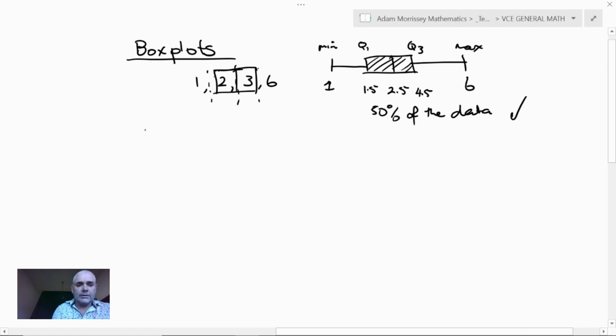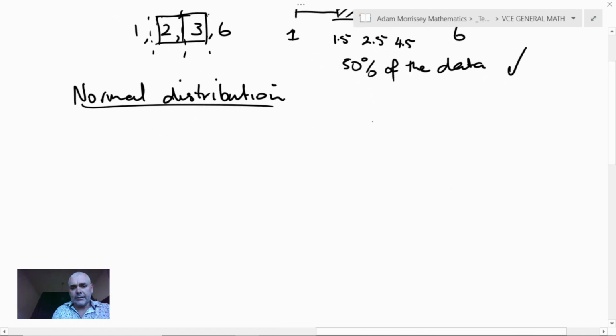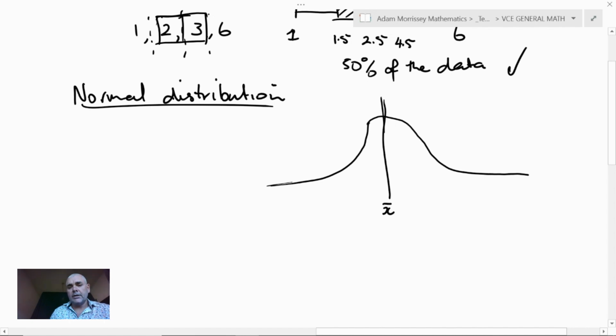So there's another way we can do this, and it's using the normal distribution. To do this, we need to look at how the data are distributed on the normal curve. In the middle, in my rough drawing, my bad drawing, we have the mean of the sample, and what we measure here is plus or minus 1 standard deviation.